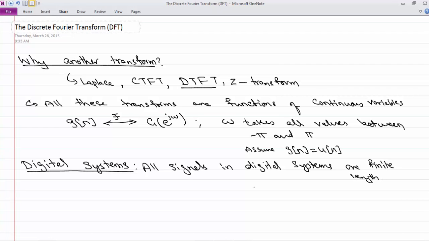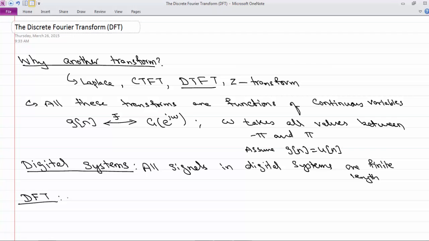Okay, so then what is DFT? Now, if you go to a graduate class or a more advanced class, I will give you a more formal explanation of what a discrete Fourier transform is.